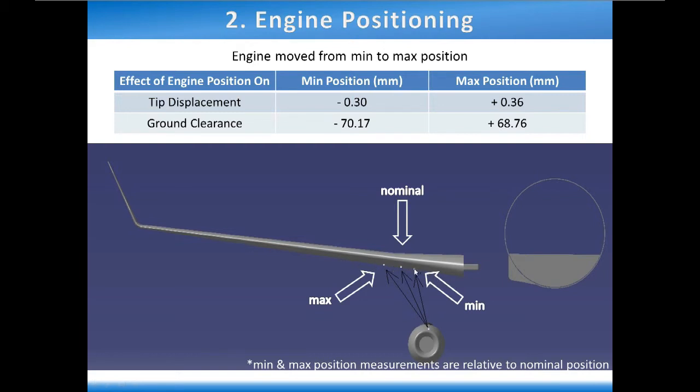As we move along the wing, because the reference point for the ground is constant, the ground clearance increases or decreases. Just to make the point that the movement of the engine doesn't really affect the tip displacement or the ground clearance.